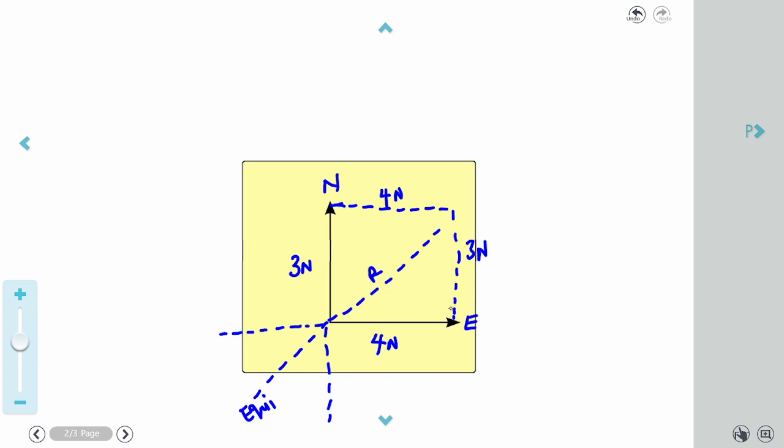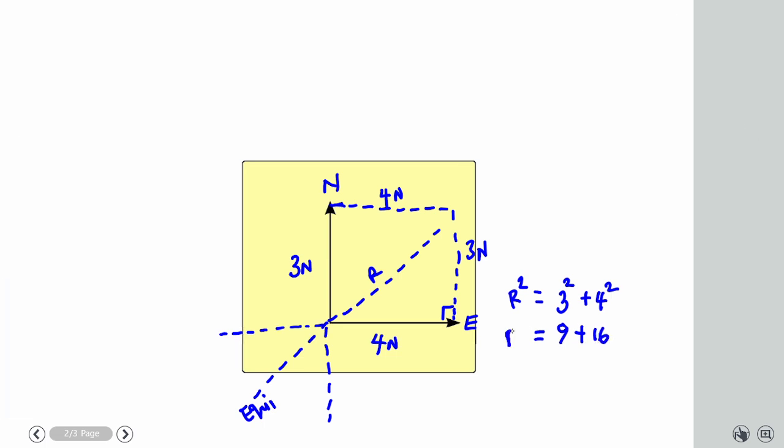Now, looking at it, you find that there is a right angle triangle here, and to find the resultant you have to use the Pythagoras theorem. So the Pythagoras theorem would be r square is equal to 3 raised to the power of 2 plus 4 raised to the power of 2, where we have here 9 plus 16, equal to r square. So we have here 25 equals r square.